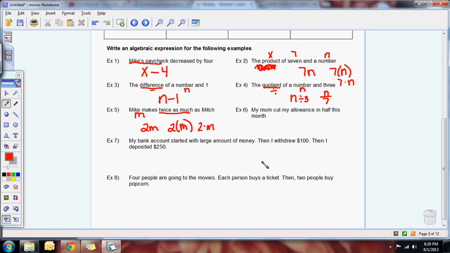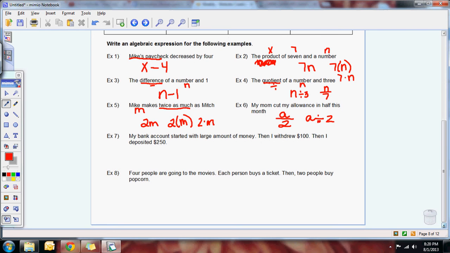Either one would work. All right, my mom cut my allowance in half this month, so cutting it in half just means dividing by 2. So you could do allowance divided by 2, or allowance over 2. Either one would work.